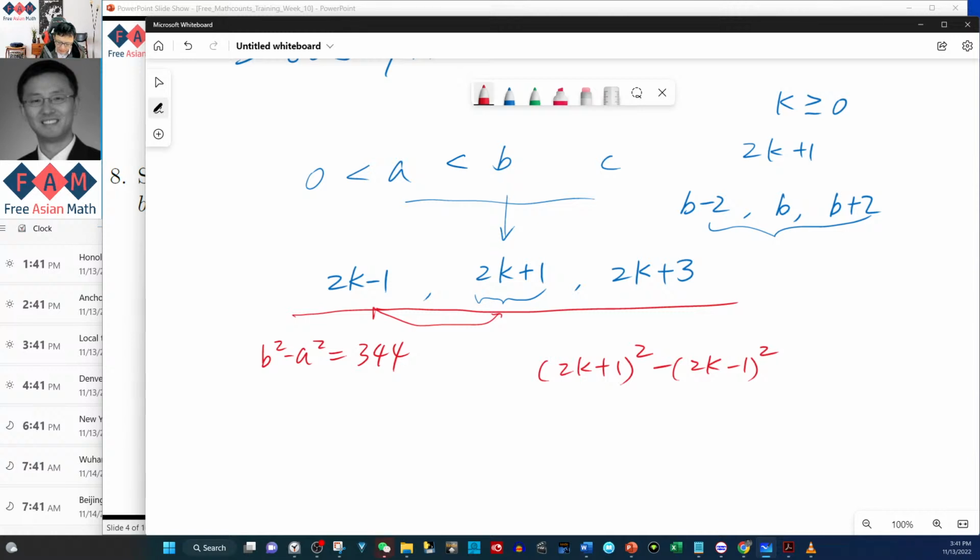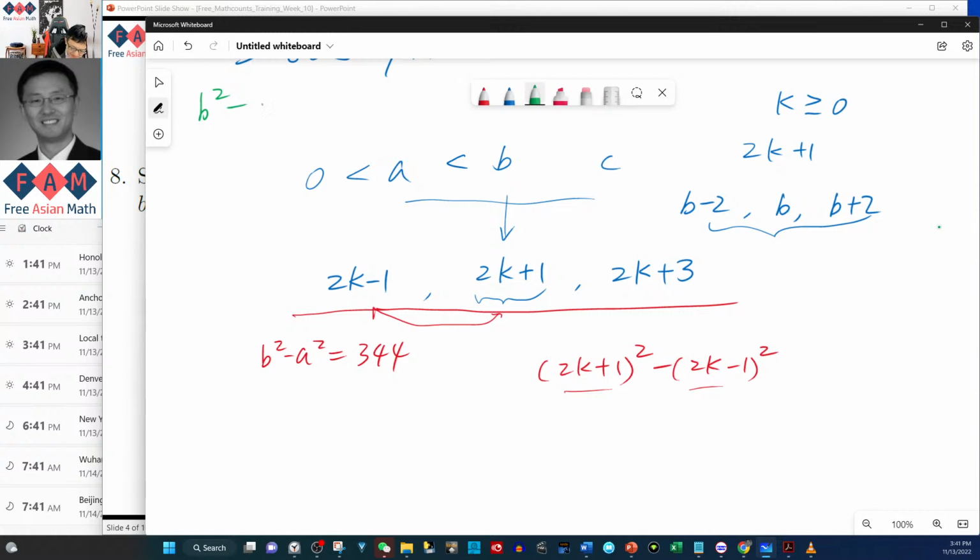What I mean is that we can use binomial square to expand this and expand this as well, and then do it. Of course, you can do that, but in this specific case, we have a better way. That is using the difference of squares formula we talked about earlier, right? Let me use green to remind you.